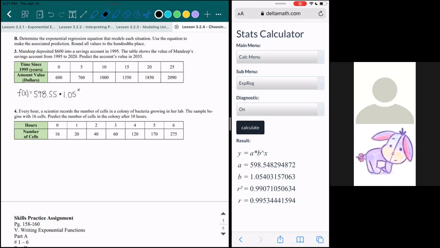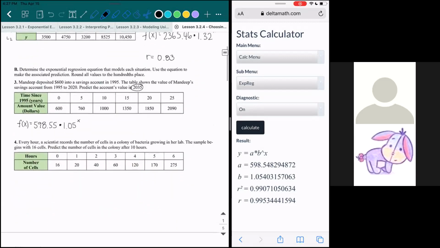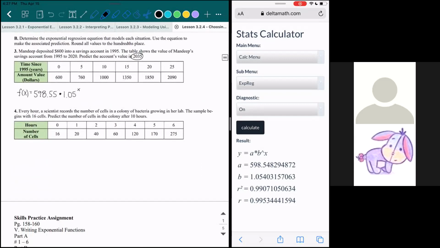Okay, so from here, we're actually going to have to figure out what t value or what x value you want to place for the year 2035. So in 1995, x equals 0. This would be then, for when x is 5, this would be 2000, right?